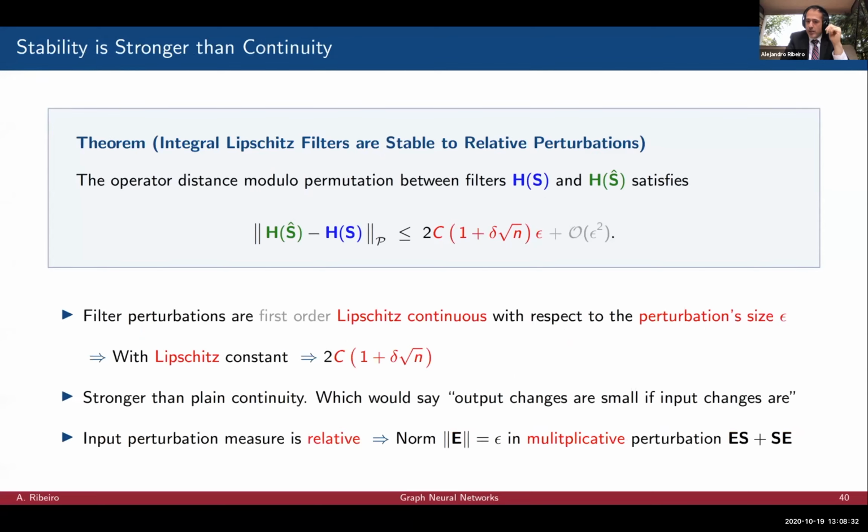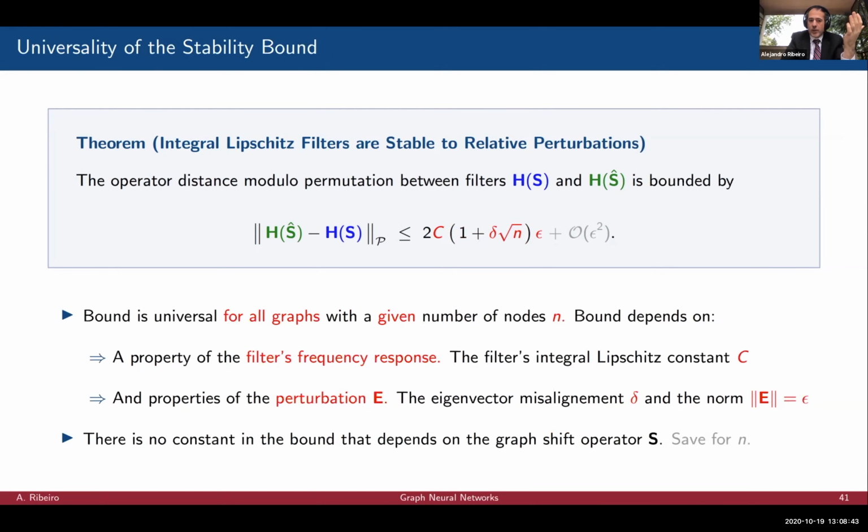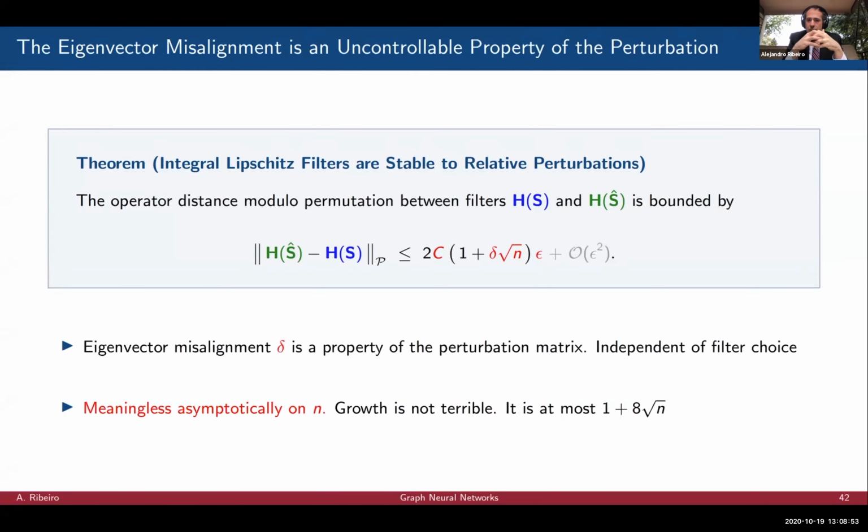Again, stability is stronger than continuity, except that now the Lipschitz continuity is with respect to a relative perturbation term. The bound is still universal. It depends on properties of the filter and properties of the perturbation, but it doesn't depend on properties of the graph except for the square root of n. And the eigenvector misalignment, as before, is a quantity that is outside the control of the system's designer.